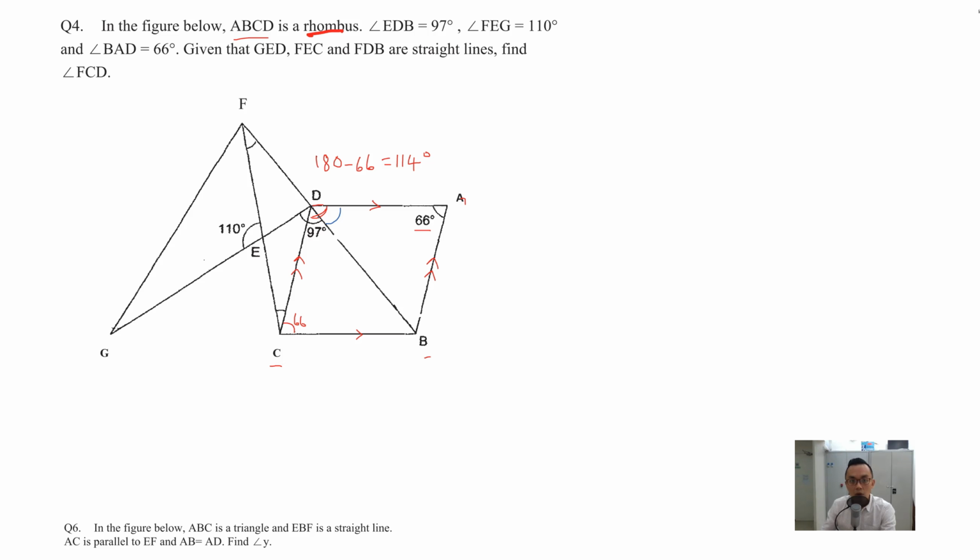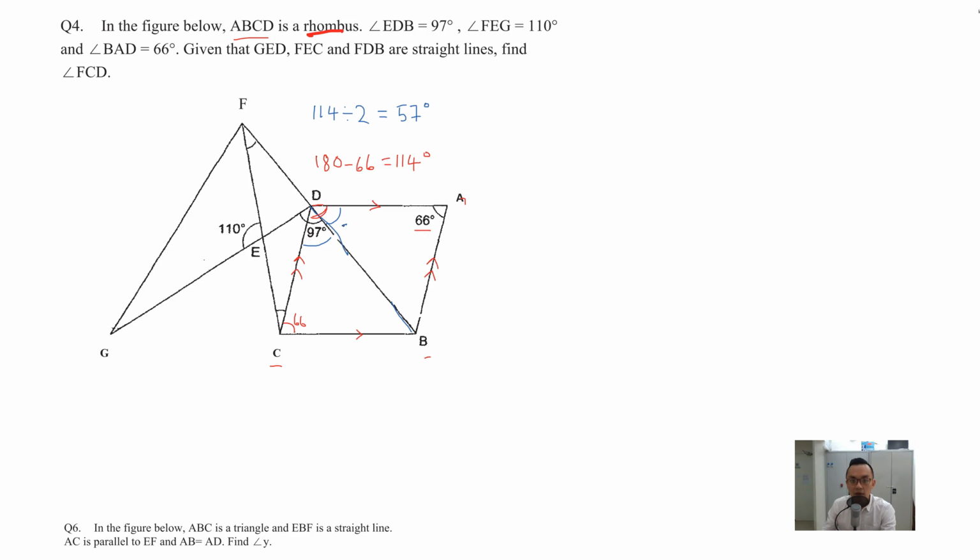And the other angle that we can find is this one, which is 114 divided by 2 equals 57 degrees. A line that cuts through the rhombus is cutting the angle in half.